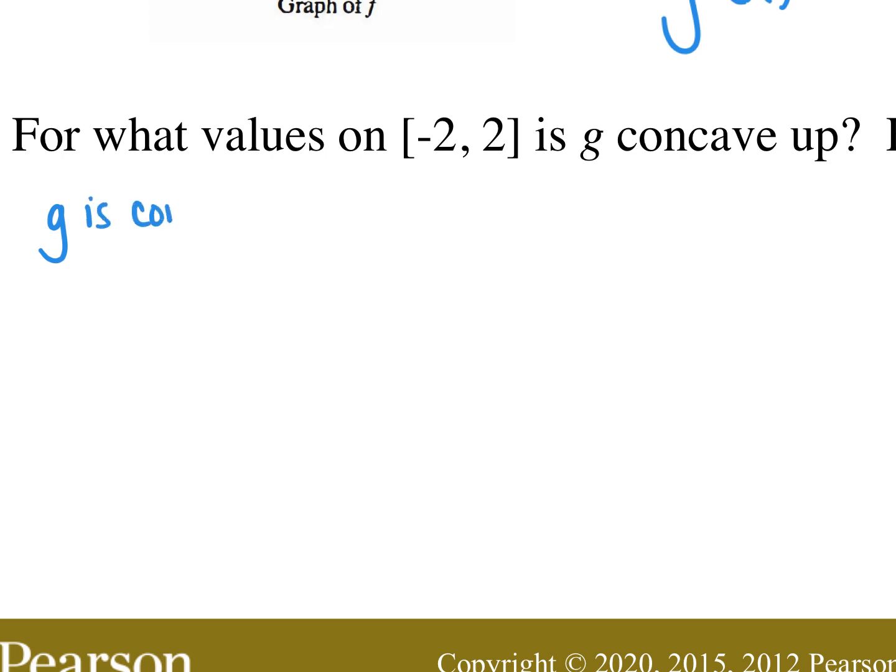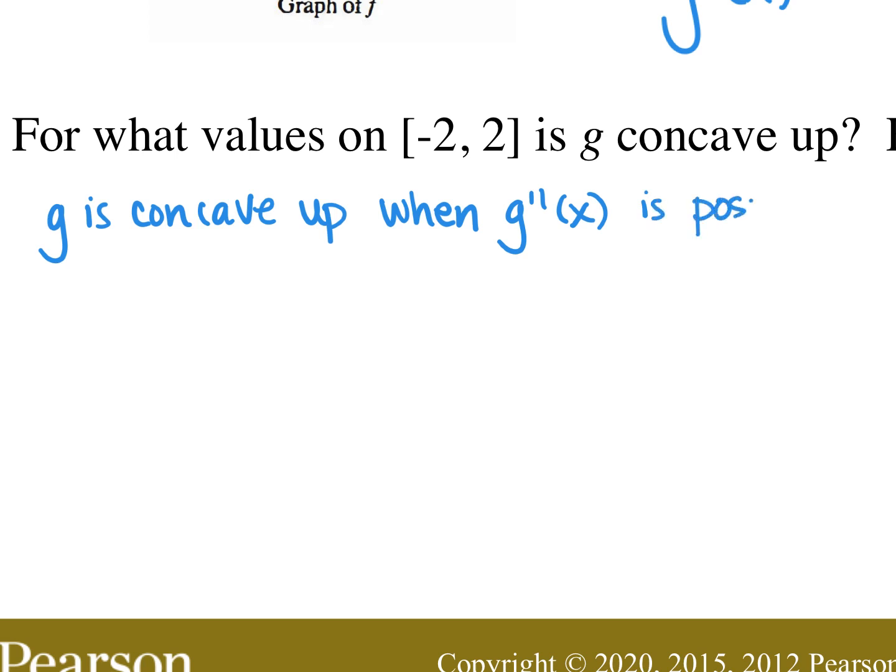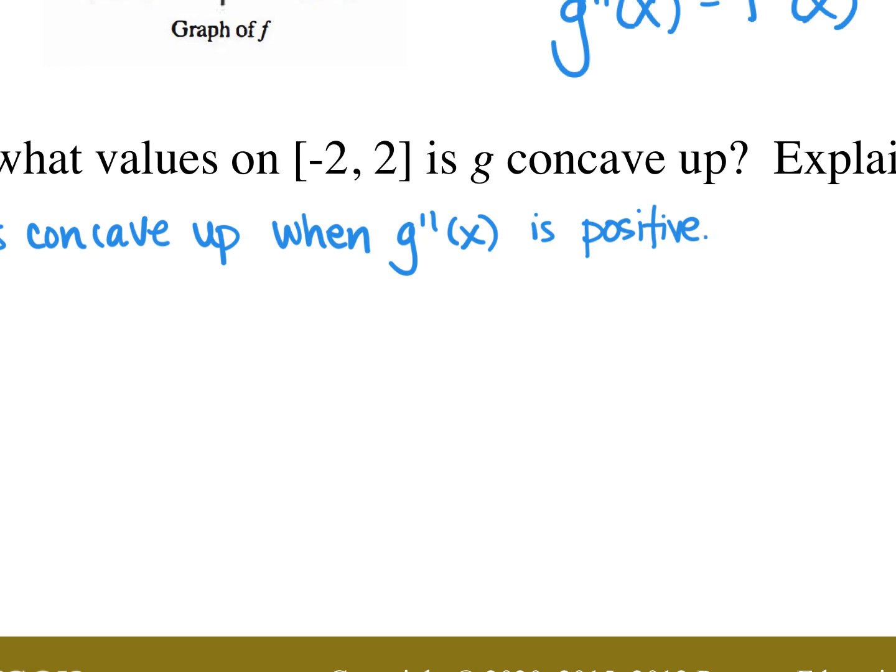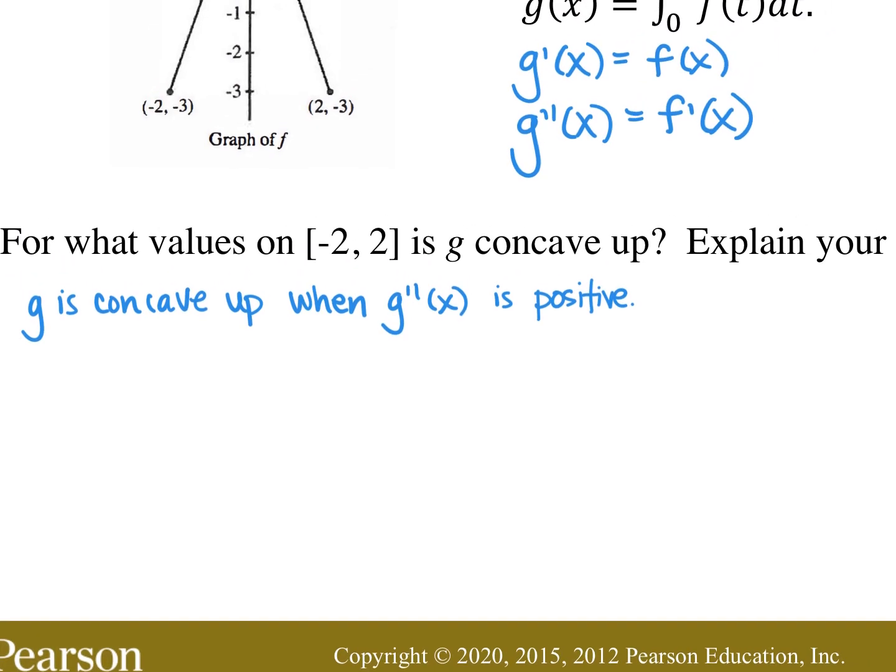G is concave up when what is true? When G double prime is positive. Now in this situation, what is G double prime equivalent to? F single prime. So change that to f single prime. Now answer the question. G will be concave up when f prime is positive.